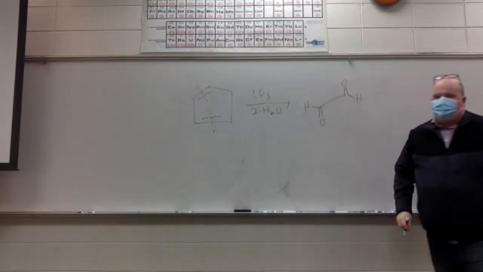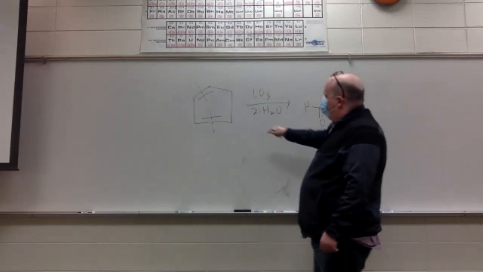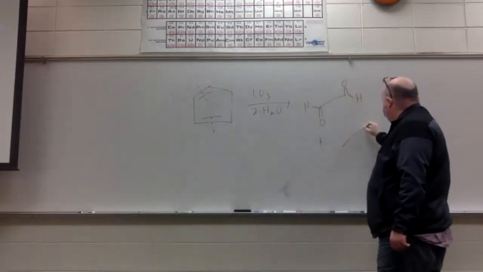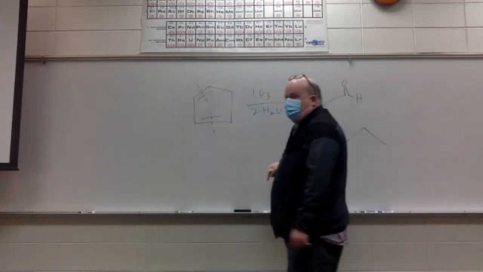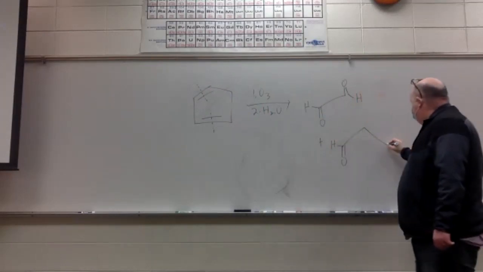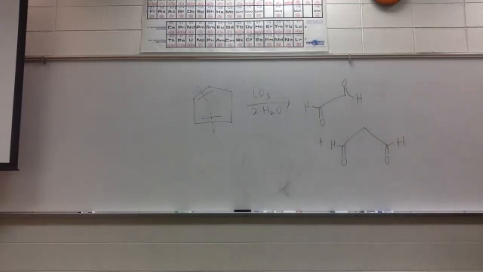So this is a dialdehyde. It's got 2 aldehyde groups. Same thing over here, right? This is a 1, 2, 3 carbon fragment. Each of the end carbons used to be in double bonds. So they're both going to be aldehyde groups as well.